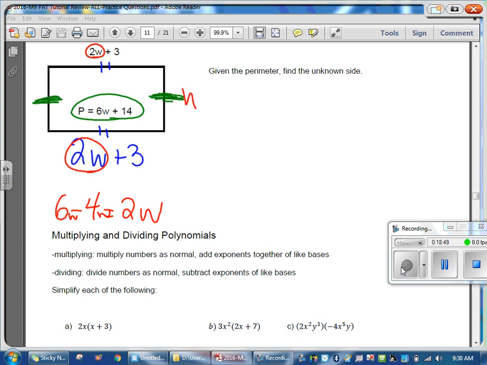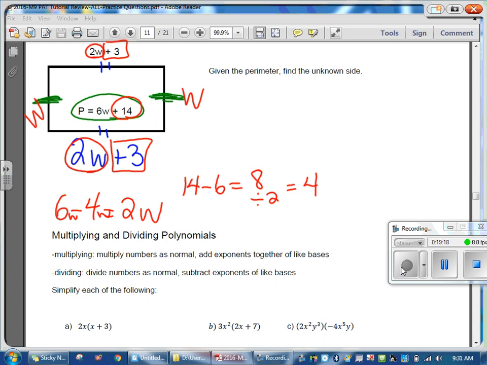Now I've got a positive 14 I have to deal with. If I add my 3 up here and 3 down here, that's going to give me 6. I still have to get to 14. So if I take 14, subtract 6, I get 8 left over. But that's going to be shared between two sides. So you're going to divide it by 2 to give you 4 for each side. So it's going to be w plus 4 and w plus 4.